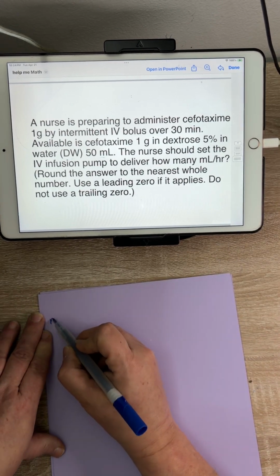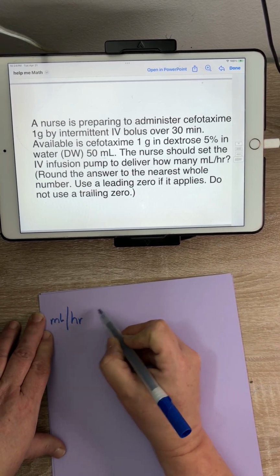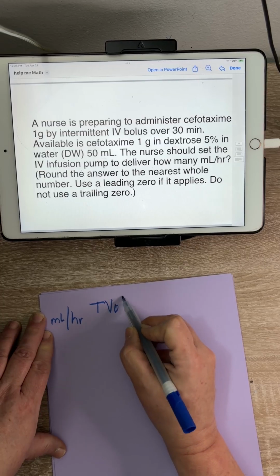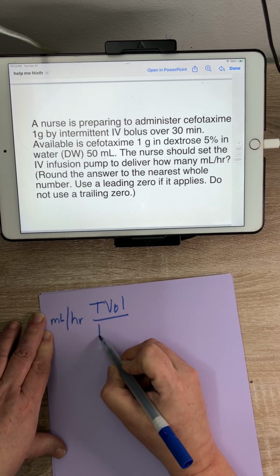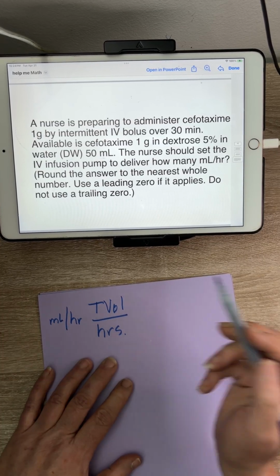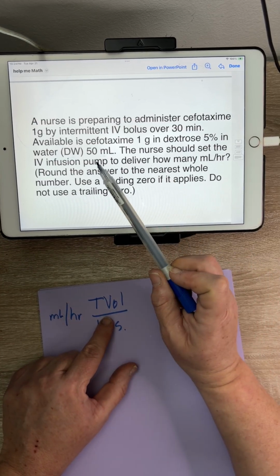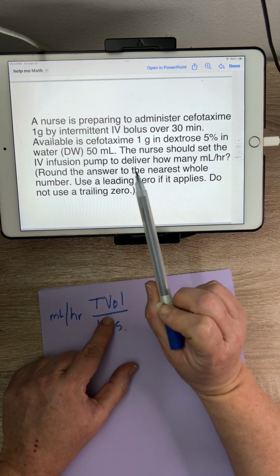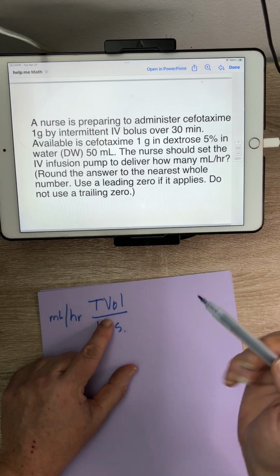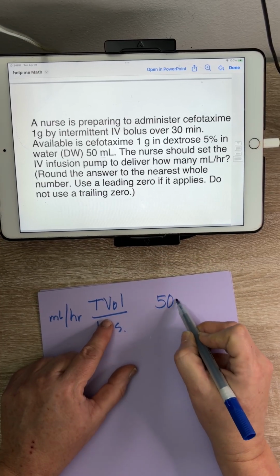Okay, milliliter per hour formula. Let's remind ourselves. Over the time in hours. So the total volume, we're not worried about the gram, we're worried about the liquid portion of the situation, which is 50 milliliters.